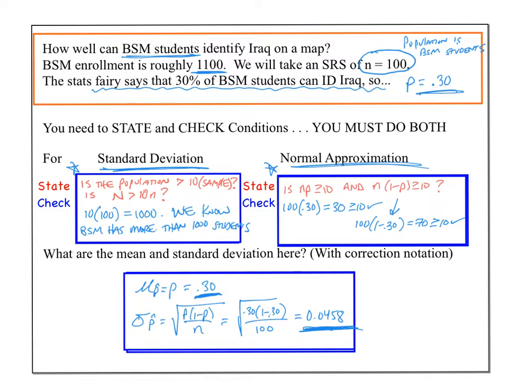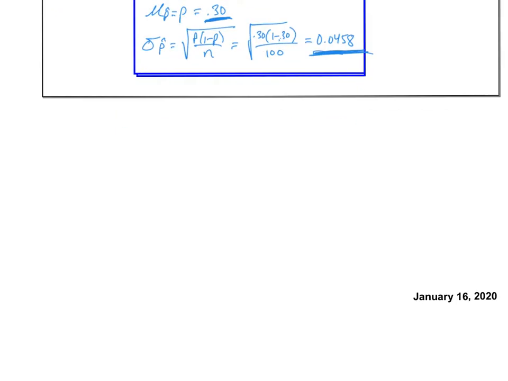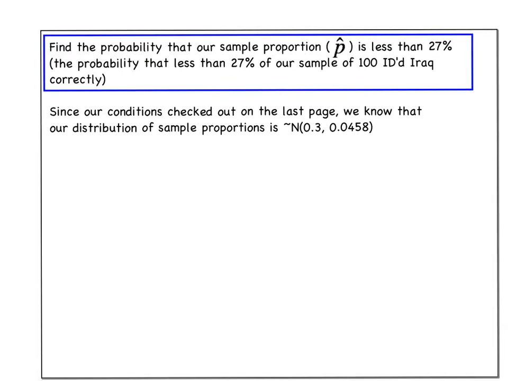So now we get to the real questions. We're going to find the probability that our sample proportion is less than 27%. That means, in other words, the probability that less than 27% of our 100 BSM kids in our sample can identify Iraq correctly.